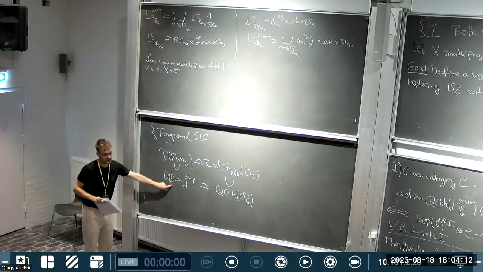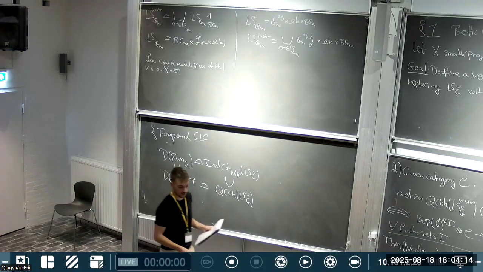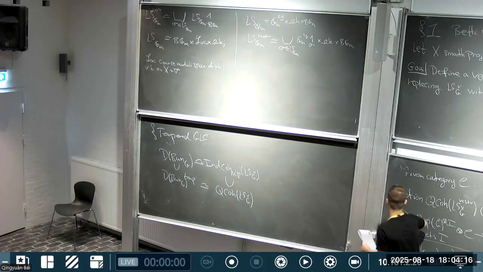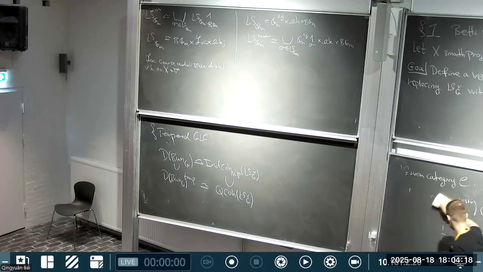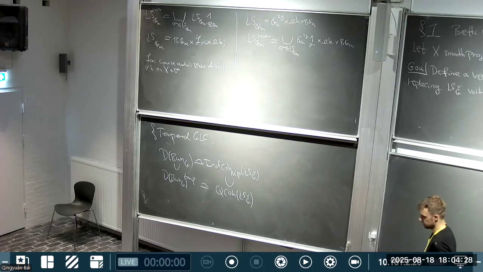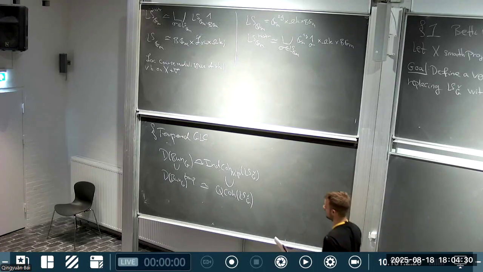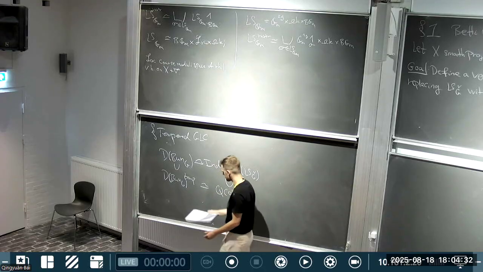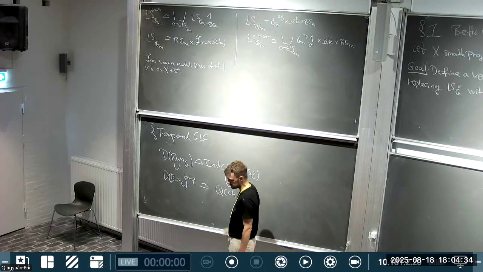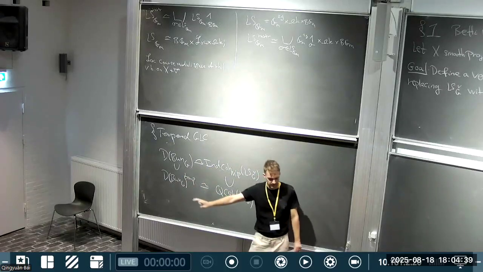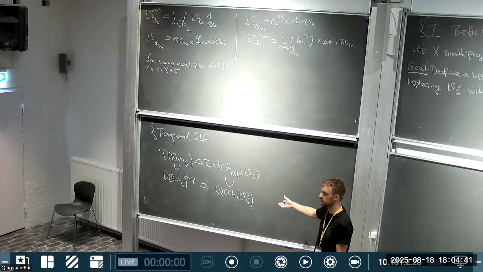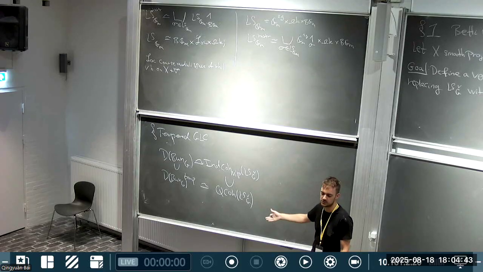You can define this intrinsically. Maybe I should just do that real quick. The thing to take away from this is that we've already kind of hinted at the fact that the centered geometric Langlands implies the geometric Langlands conjecture.